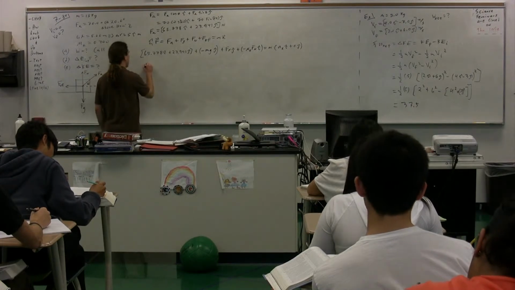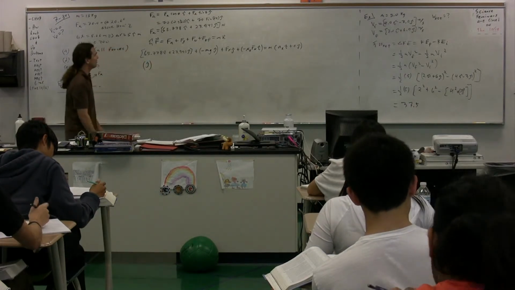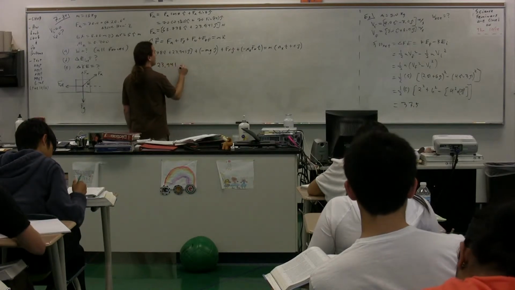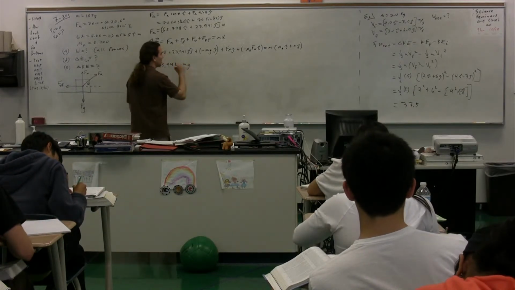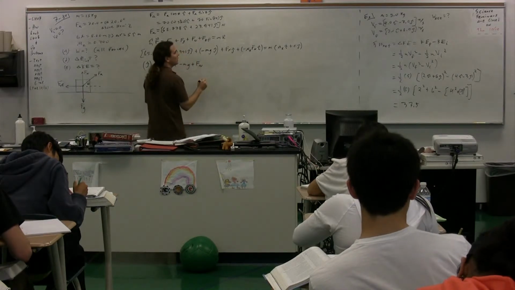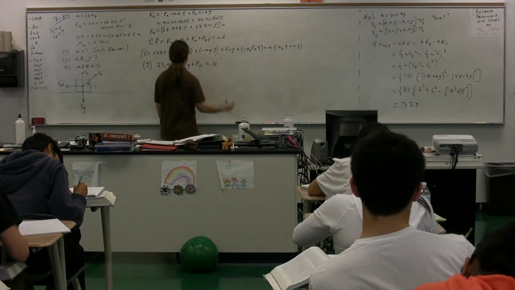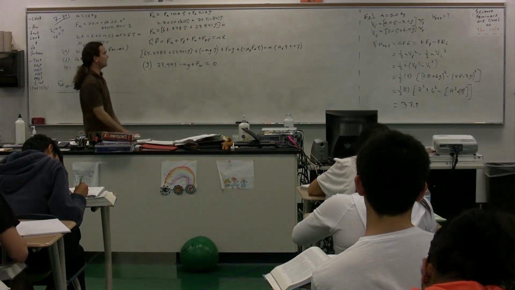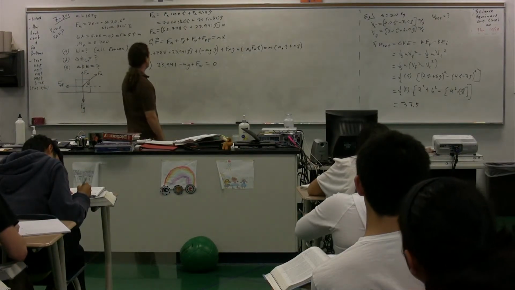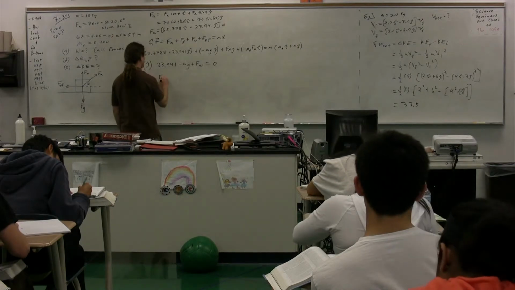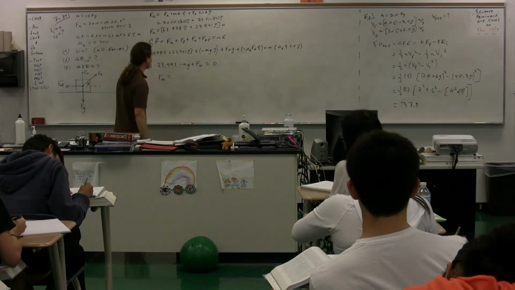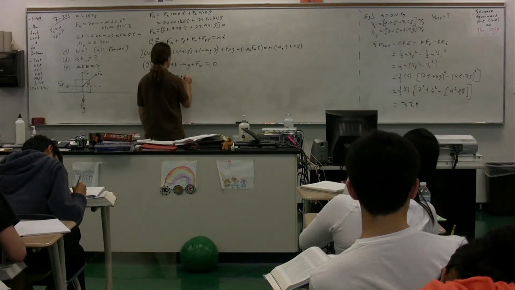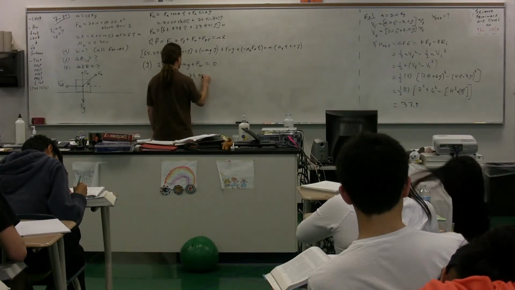Let's just look at the j direction. We have 23.941 minus mg plus the normal force equal to 0. Pulling out all the j's, the normal force is equal to mass times the acceleration due to gravity minus 23.941.